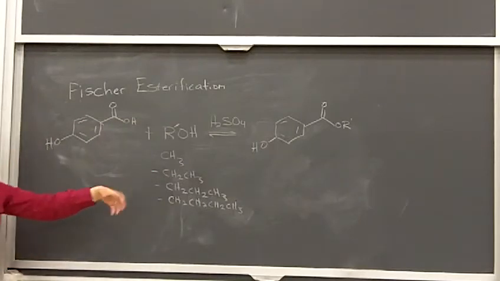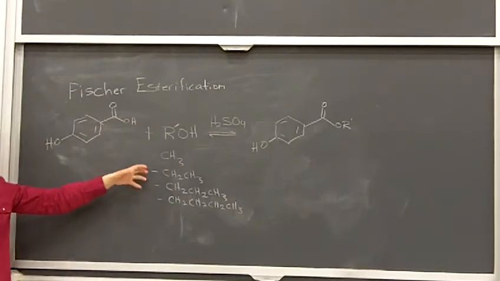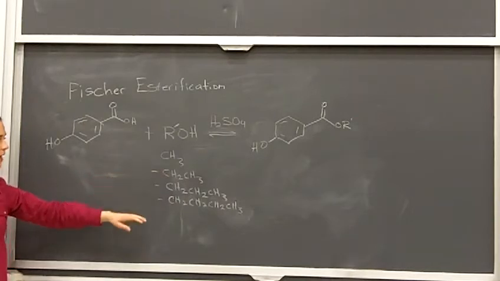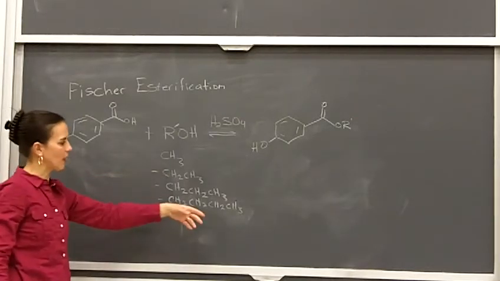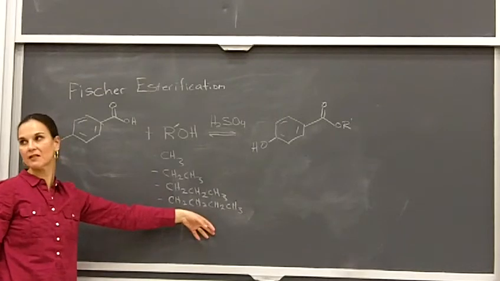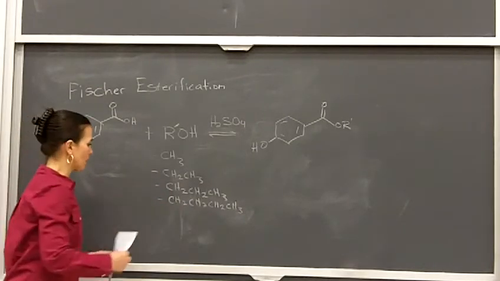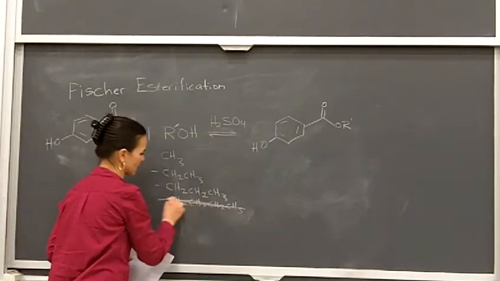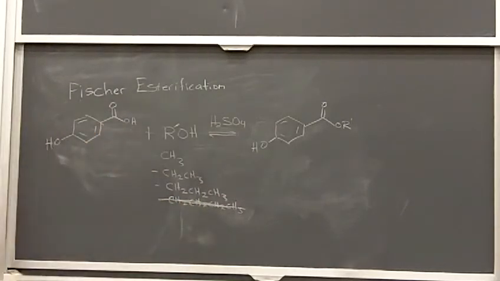If we use isopropyl, isobutyl, things like that, it's not really happy with that as far as the mechanism is concerned. And the longer the chain of the alcohol gets, the less reactive it is and the more time it takes. So we didn't incorporate butyl in these possibilities because it just takes too much time for the time you have in lab, all right?